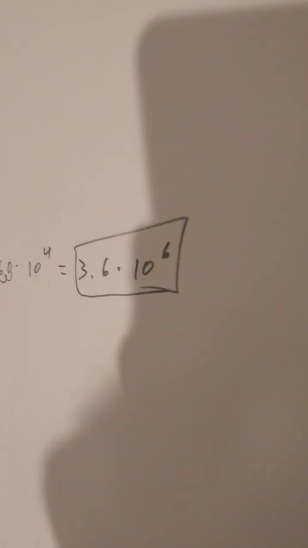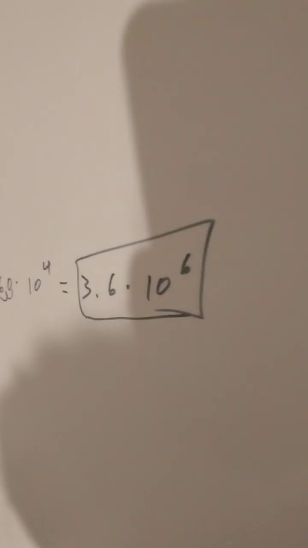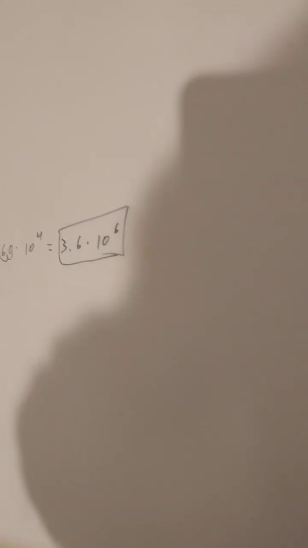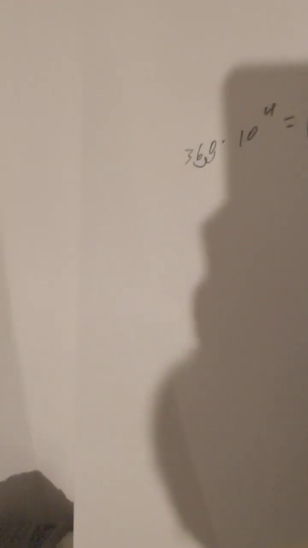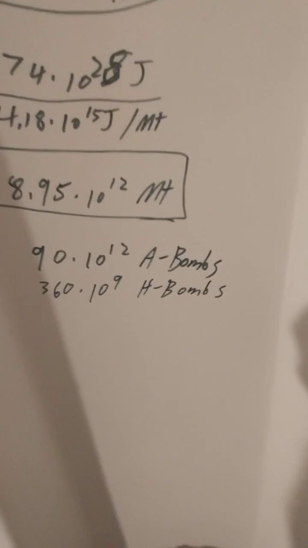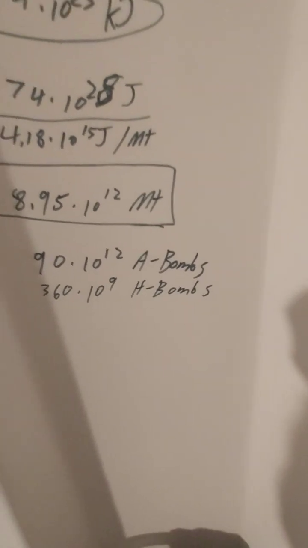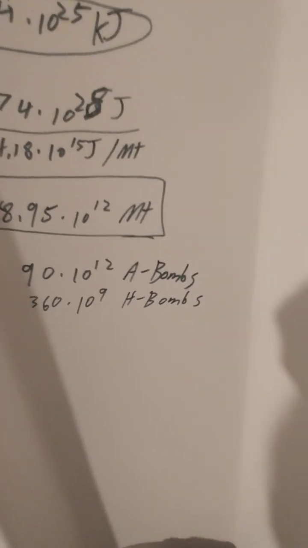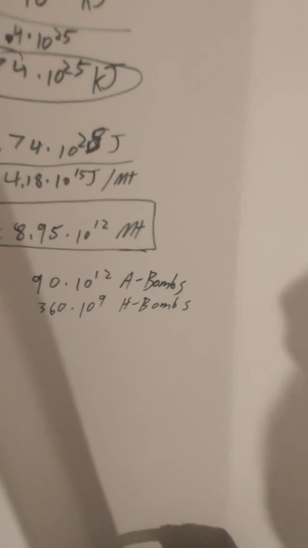So remembering this 3 to 4 million, that's not how many hydrogen bombs we need or how many reactors we need. That's how many times the total number that exists on the Earth that we need. We need actually 360 billion hydrogen bombs and that's just to basically melt the core of Mars.